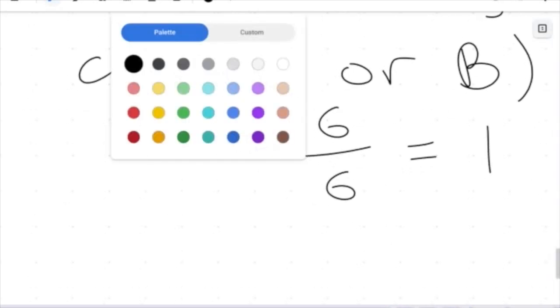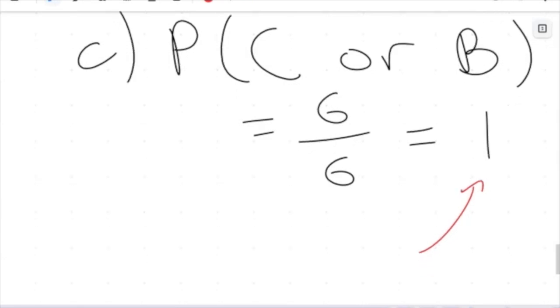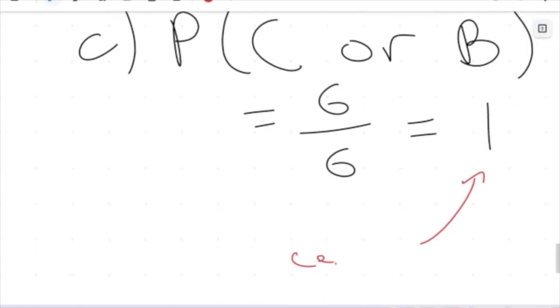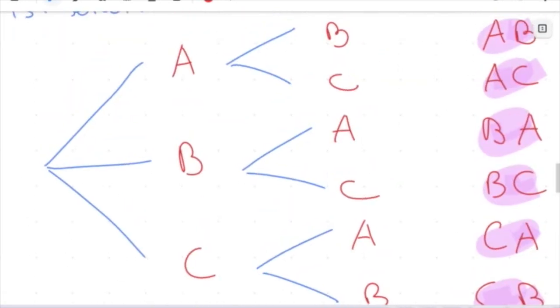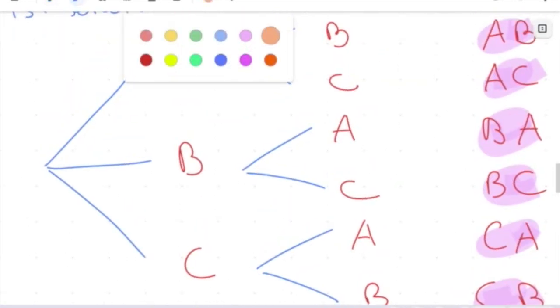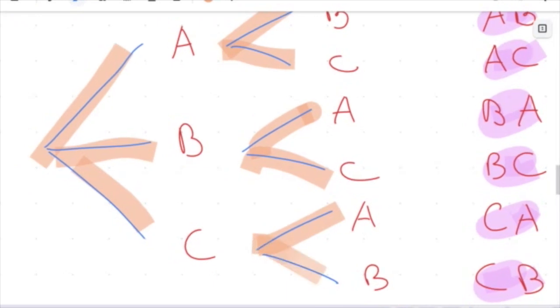Now, what does this mean, just for a bit of revision in the context of probability? This means, in other words, that this is a certainty, 100%, no matter which way we go up our tree diagram, whether we go this way, or this way, or this way, or this way, or this way, or this way, every single time, Brad or Chris or both will be selected.